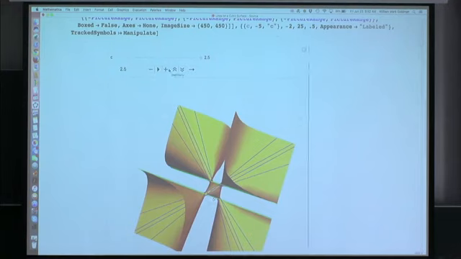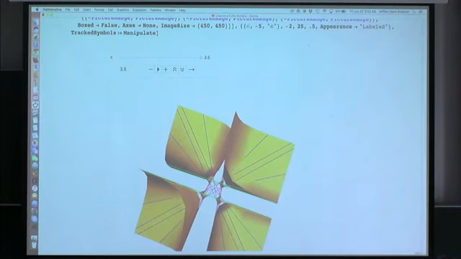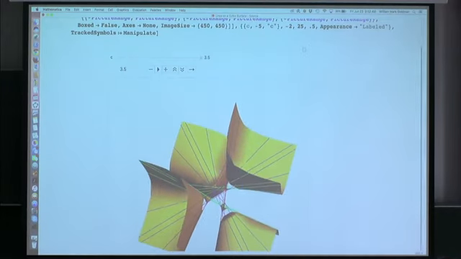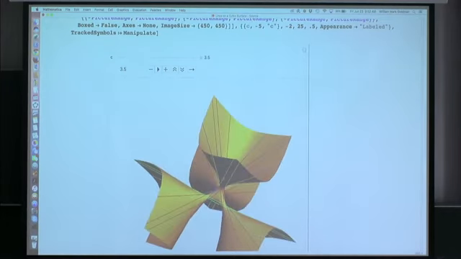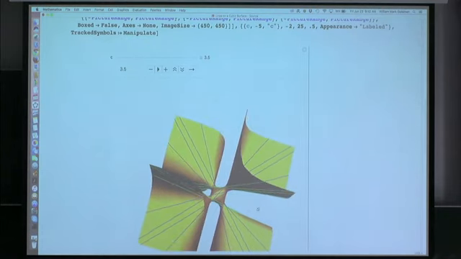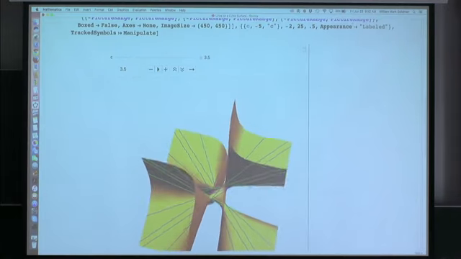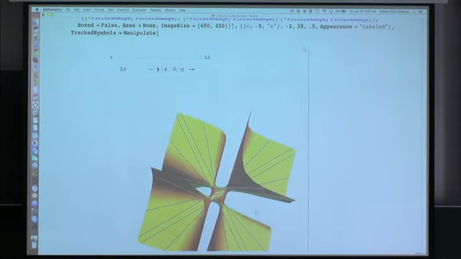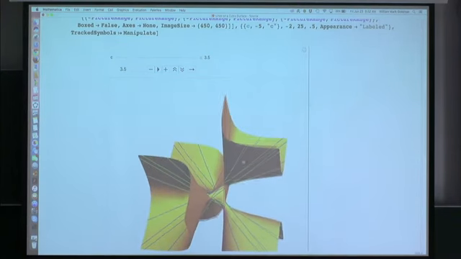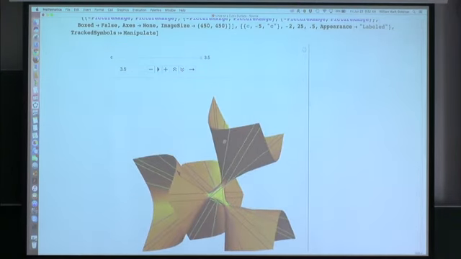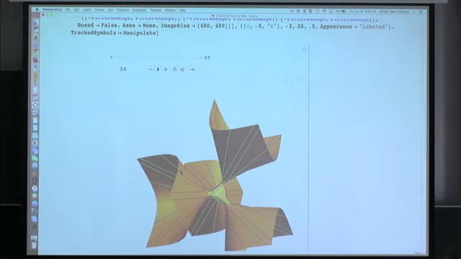I'm going to keep increasing this to show you where the wandering domain is. So there are 3 lines at infinity, and there are 27 lines, and then the remaining 24 lines are grouped into three families of 8. I'm going to concentrate on this piece right here.